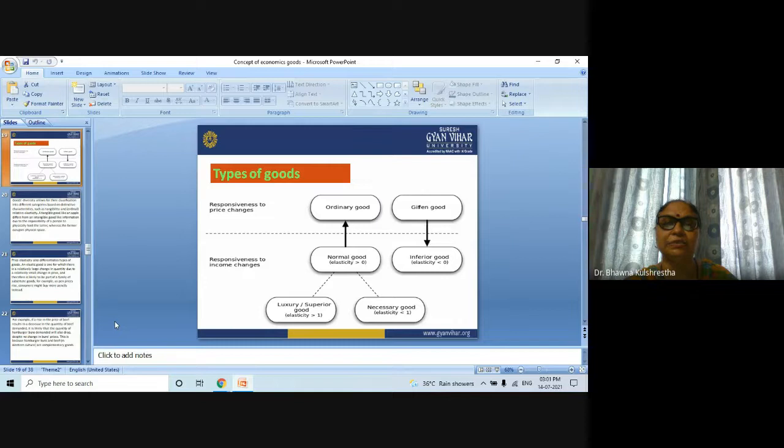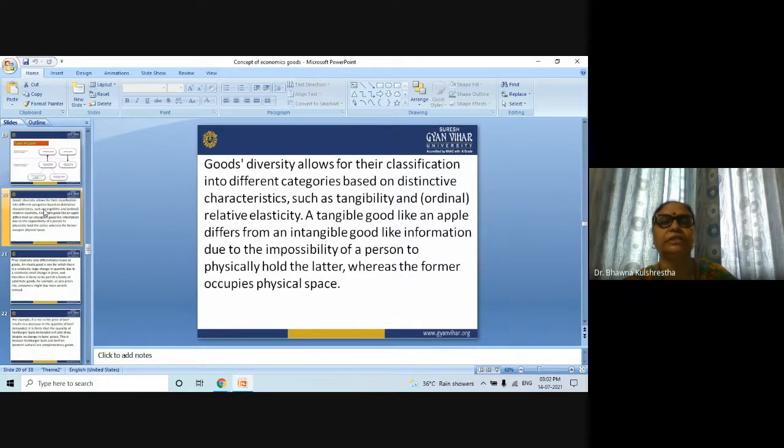These are the types of goods, and the goods' diversity allows for their classification into different categories based on distinctive characteristics such as tangibility and ordinal relative elasticity.